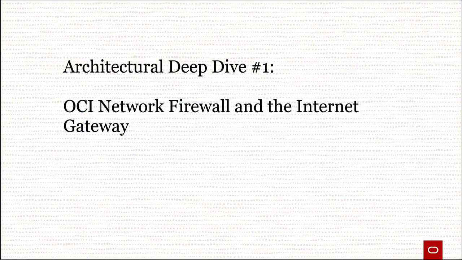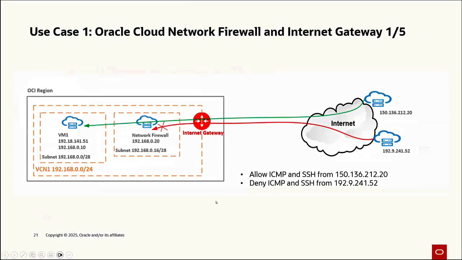For the sake of discussion, I prepared two use cases. One of the most common use cases is the OCI network firewall and the internet gateway. So the combination between the internet gateway and the OCI network firewall will use this simple networking diagram, where we have the internet gateway, then the OCI network firewall deployed in a subnet within our VCN, and another subnet holding a test virtual machine with public and private IP addresses, right?